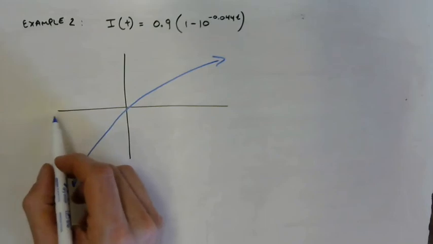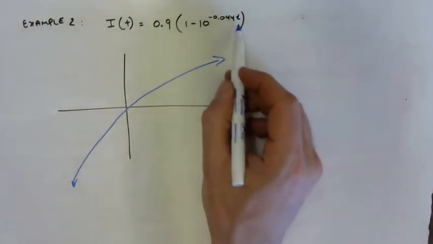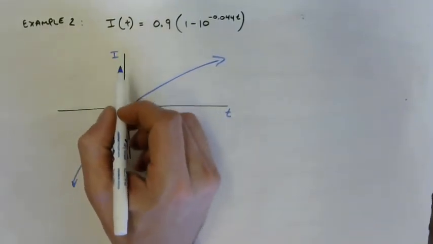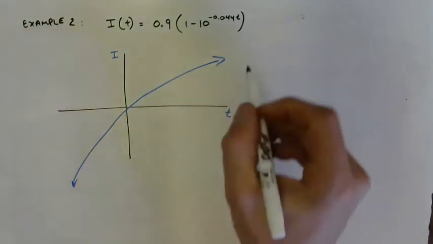And the x-axis, the horizontal axis, is t, measured in seconds. And the vertical axis is I, which is the current measured in amps. Okay? Amperes.